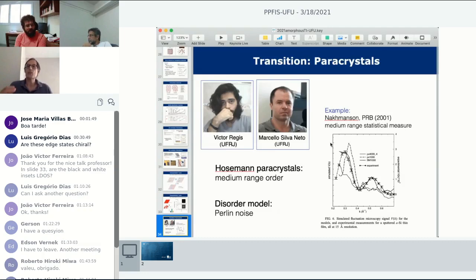So there is a way to simulate, and that's interesting, a way to simulate. There is this disordered model where you can simulate how a system goes structurally from crystal to amorphous, going into this class that people call paracrystals.